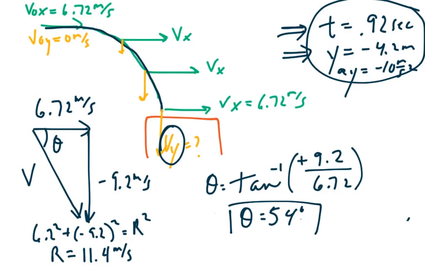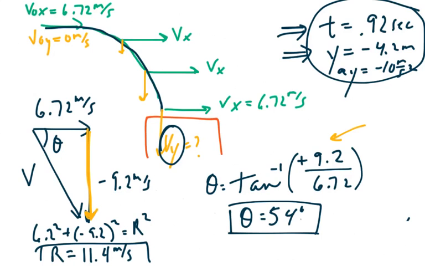Just to be clear, the reason I dropped the negative in front of the 9.2 is that I've already accounted for it when I drew my picture. The negative indicates that it's a downward component. So when I'm looking at the triangle, I'm just looking at the absolute values to represent those two sides.